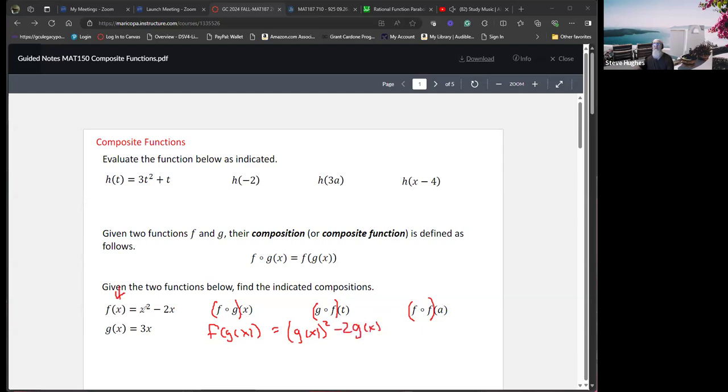In place of the x right there, I put g of x. So I have g of x squared, minus 2 times x, I put minus 2 times g of x. Now, in place of g of x, I put what g of x is equal to. g of x is equal to 3x. So this is equal to 3x squared minus 2 times 3x, which is equal to 9x squared minus 6x.